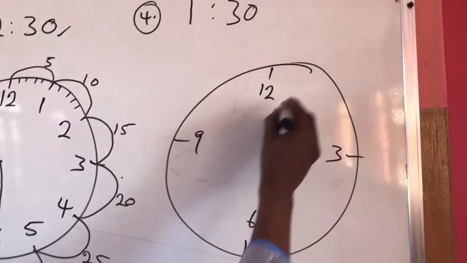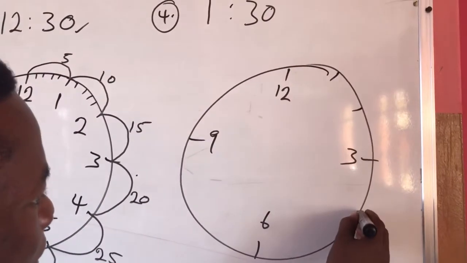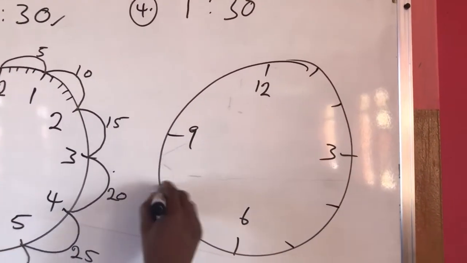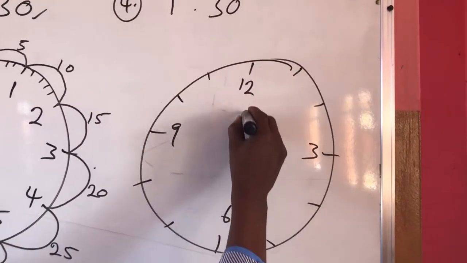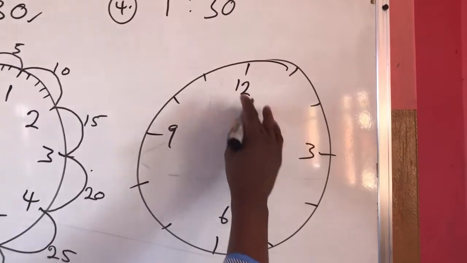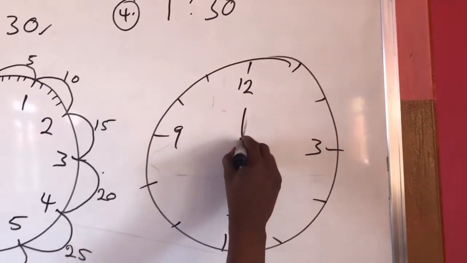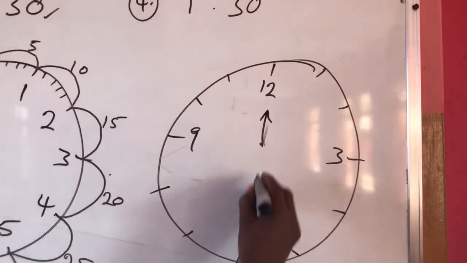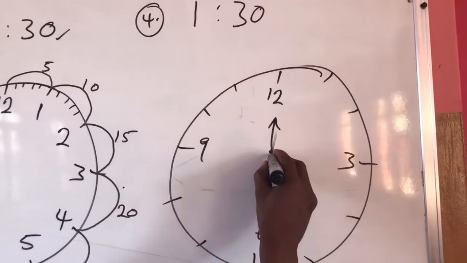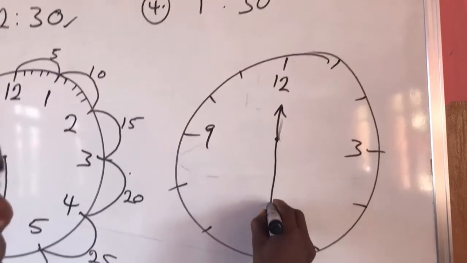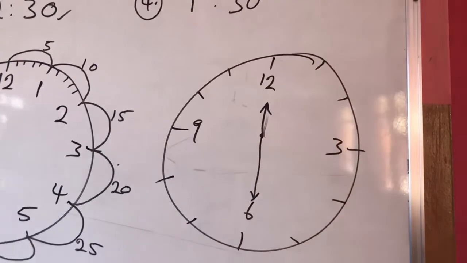Now, when it is 12:30, I can mark this one, this one, this one, this one. 12:30. So look at it. This is 12. And this is my hour hand pointing to 12. Now the minute hand must point to 6.